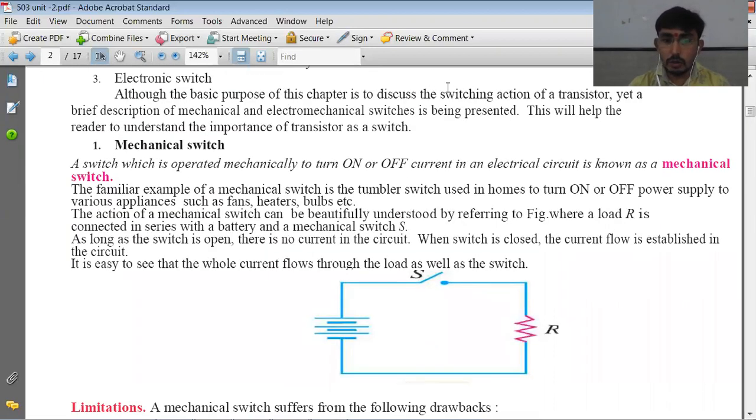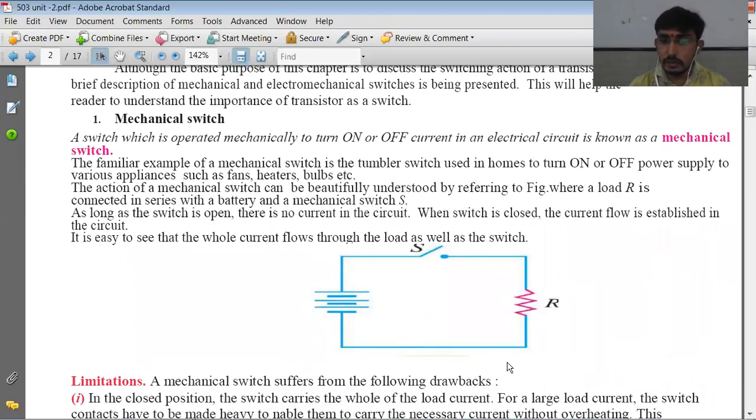As shown in the figure, this is one figure for the mechanical switch. The switch S is connected in series with the battery as well as the load, that is R. As long as the switch S is open, there will be no path for the current to flow, so there is no current in the circuit.